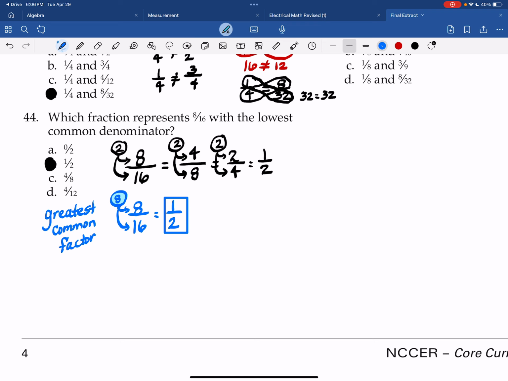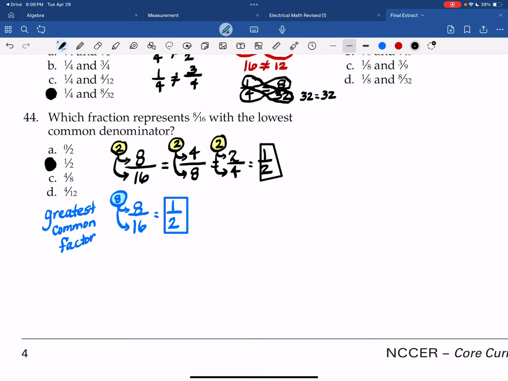And you may also notice if you multiply this 2 times this 2 times this 2, you will get the biggest bubble. You'll get an 8. So you can use a 2. You will get to the same answer. I had a student once who reduced everything by 2, 3, and 5.